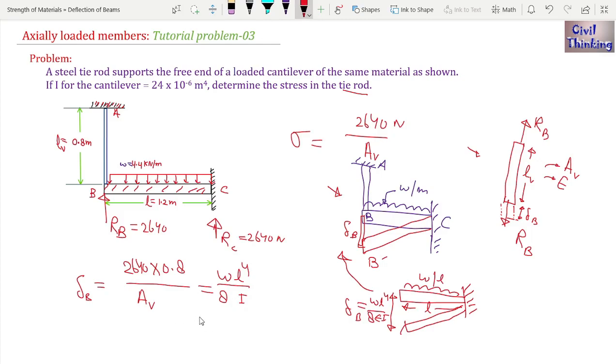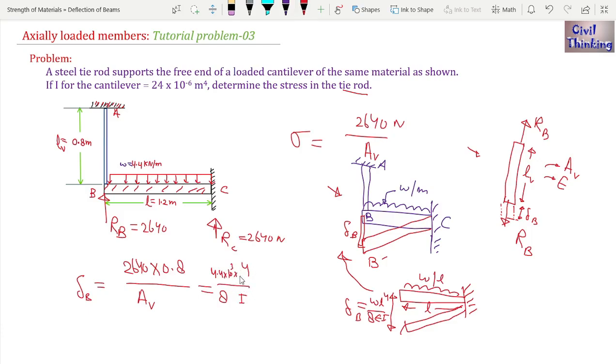Now W is 4.4 kilo. Kilo means 10 to power 3, so it is 4.4 multiplied by 10 power 3 multiplied by L^4.